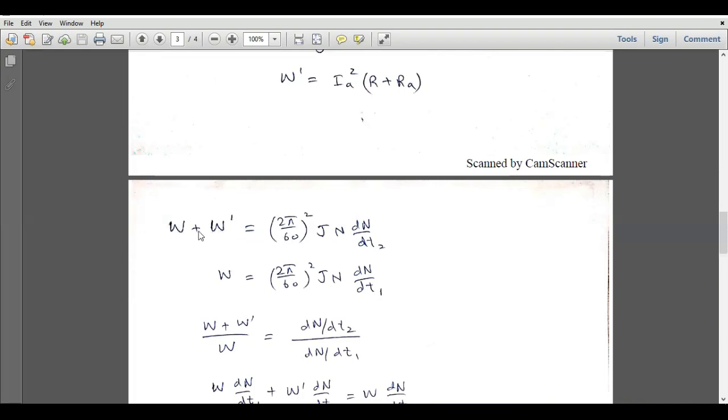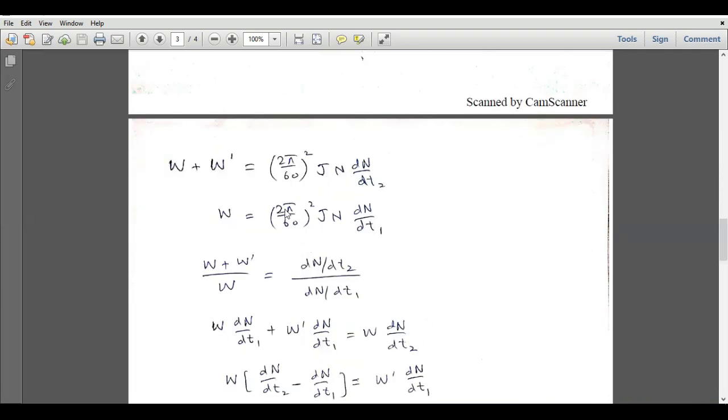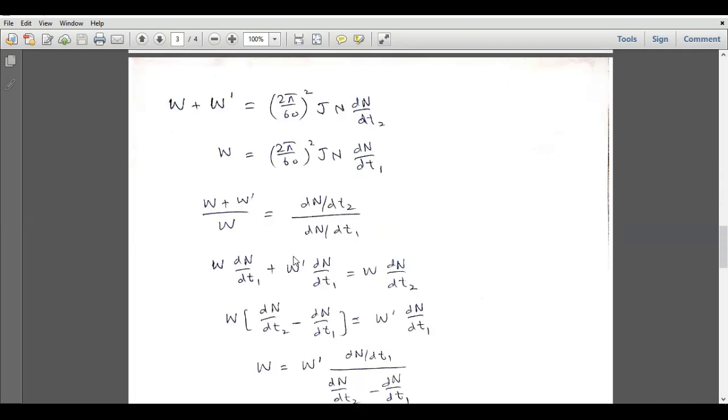By adding these two expressions, W and W dash, we get this formula. W was equal to this expression, and W plus W dash is equal to this expression, and we can take the ratio of these two: W plus W dash divided by W is equal to dN by dt2 divided by dN by dt1. These terms cancel out and we can do the rearrangements.